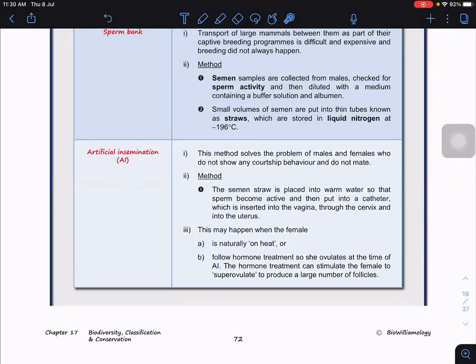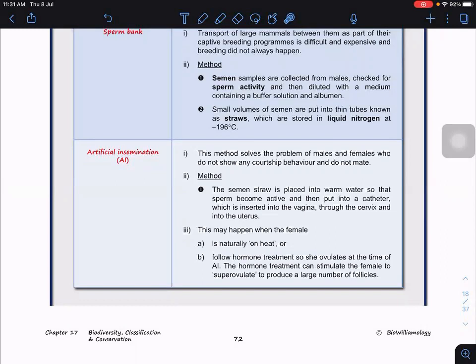Okay, now what is the disadvantage of artificial insemination? One of the problems here is that sometimes you only have very few females in this world. In the zoo, you only have one female, for example a very, very critically endangered species.